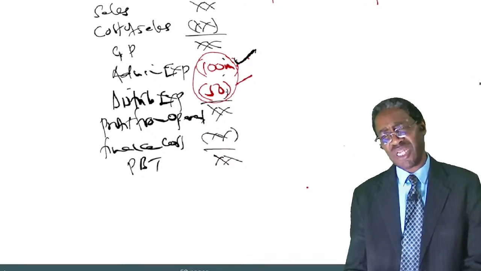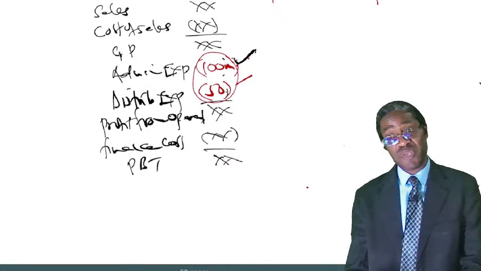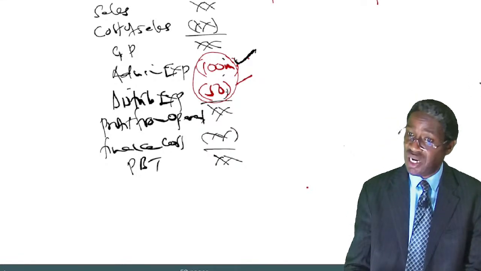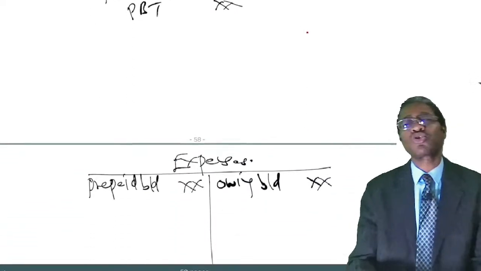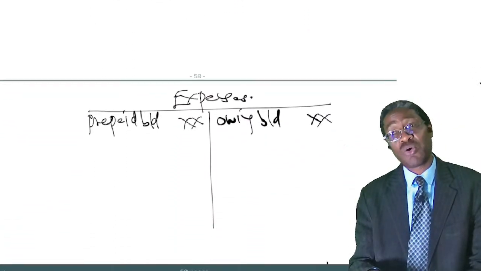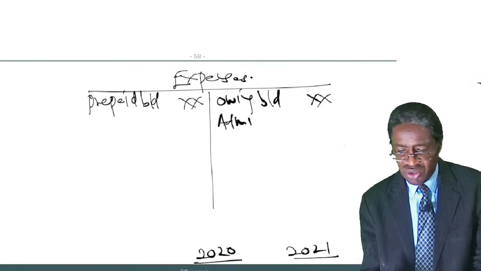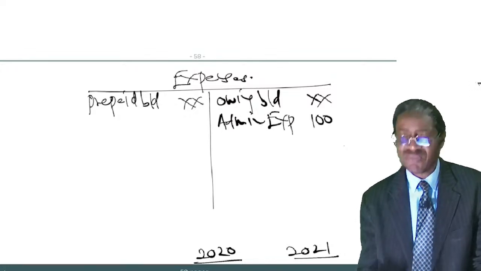Deducting it in the P&L account means it has been debited in the P&L account. So because it has been debited in the P&L account, automatically the completion of double entry means you come and credit this account. You come and say your admin expenses, that 100.